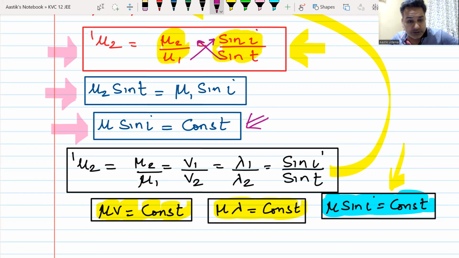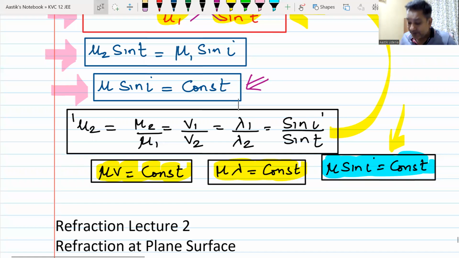Now, as I told you, I will also tell you the vector form of this Snell's law. Please write it in the vector form. Again, this vector form is only going to come in JEE Advanced, not in JEE Mains.